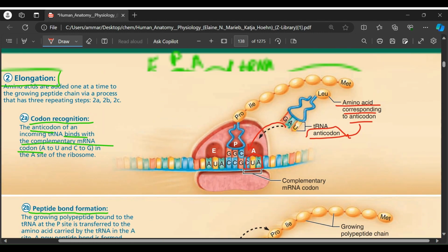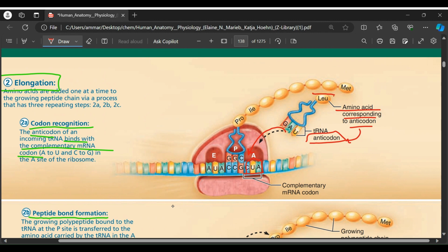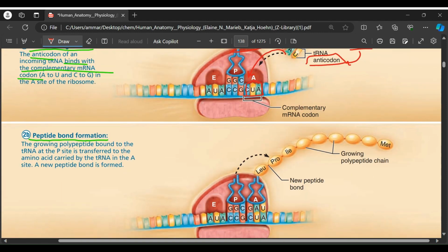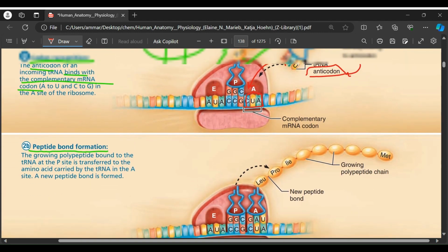Now, how will this amino acid, I will call it L, bind to this polypeptide chain? Is it from this side or from this side? Look, what I need you to imagine. I'll draw one here. And by the way, this is the peptide bond formation. I'm going to explain now.